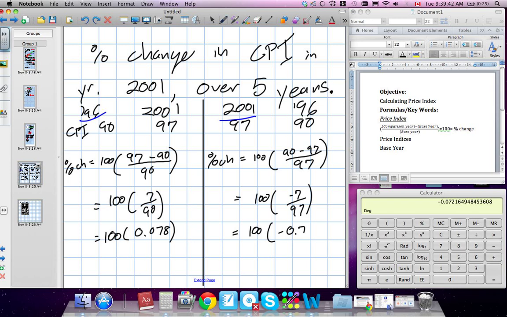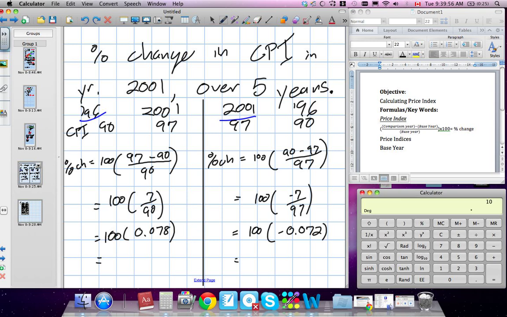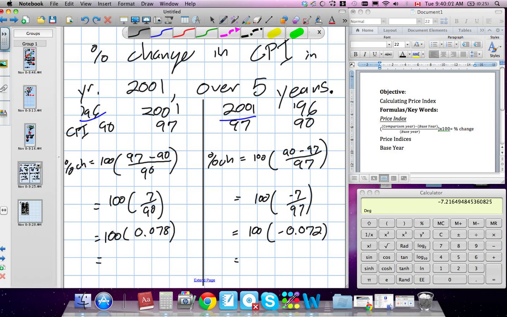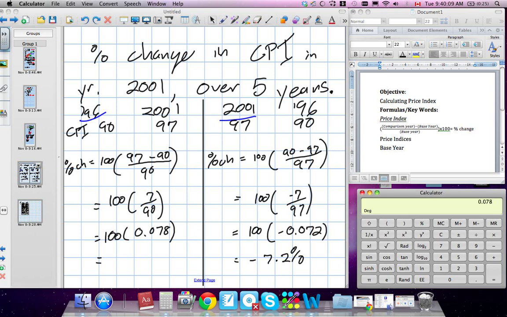Sorry, forgot a 0 in there. We have to multiply both of them by 100 to turn it into a percentage. So in our second example, we have a decrease of 7.2%, while in our first example, when we had 0.078 times 100, we have an increase of 7.8%.